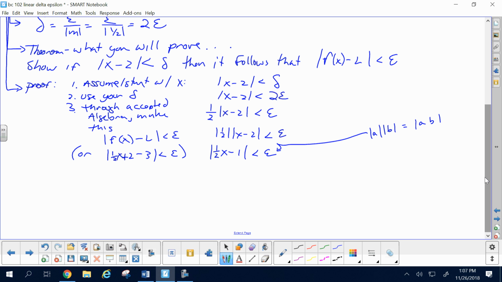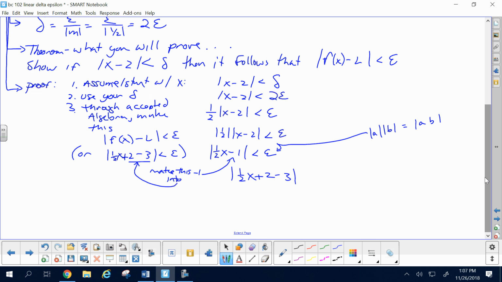Now, the last part is a little bit of a creative step. I want to make this -1 into 2 minus 3. Well, there's absolutely no reason I can't rename -1, 2 minus 3.